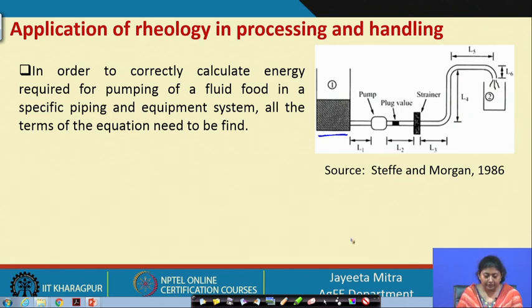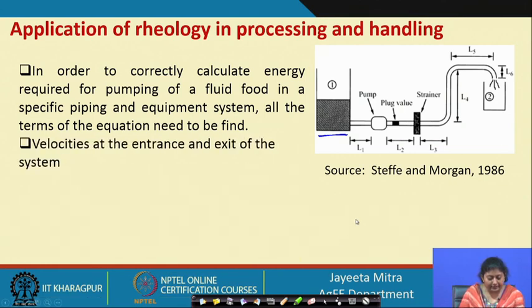Now, in order to correctly calculate the energy required for pumping a fluid food in a specific piping and equipment system, its dimension, the diameter, the length of each section, and what fittings there are, like any bend or any valves, all those should be properly identified and the loss of each section should be calculated.